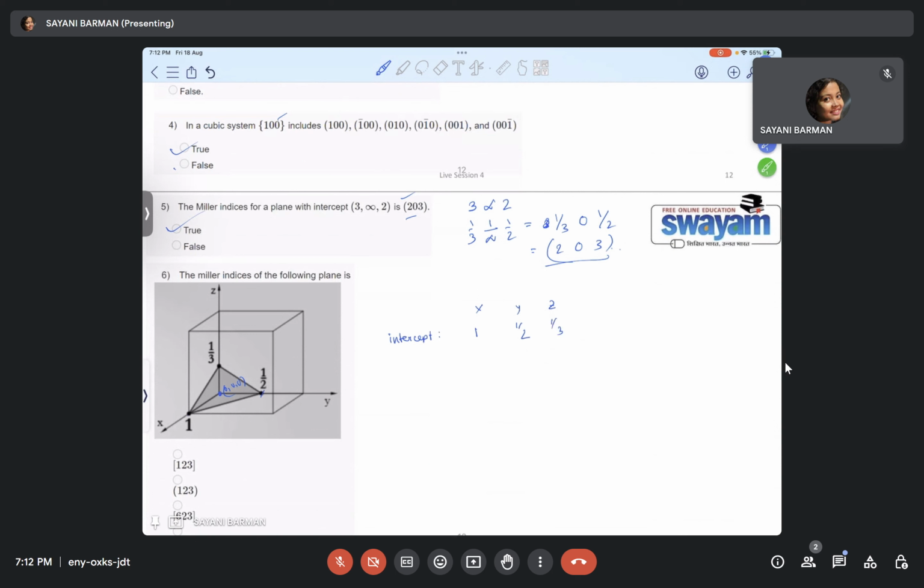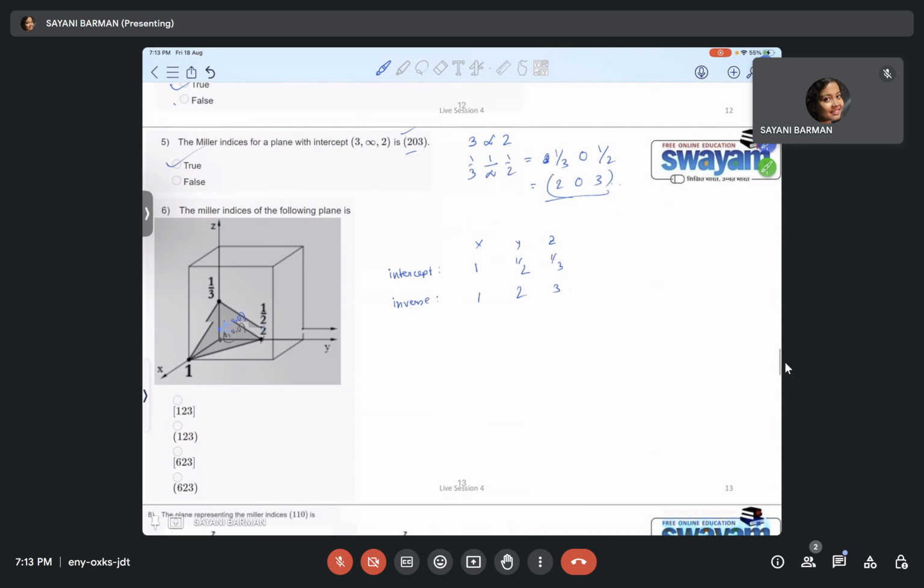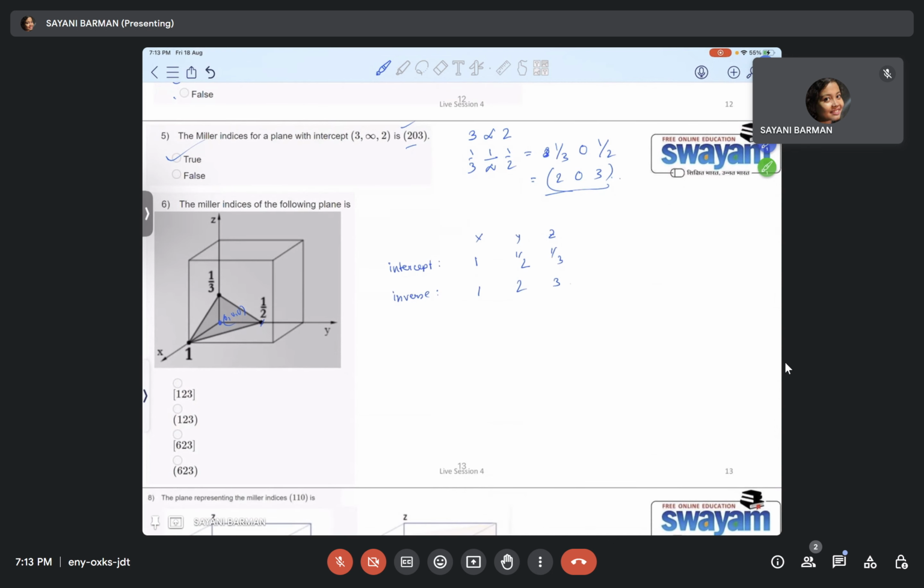All are in positive directions, right? So the inverse of the intercepts is 1 by 1, 1 by 1/2, 1 by 1/3, which is 1, 2, 3. And how do we write Miller indices? In a first bracket, right? So (1 2 3).